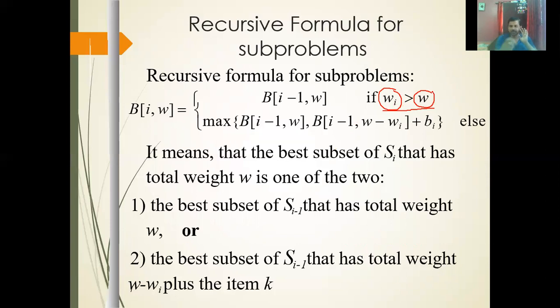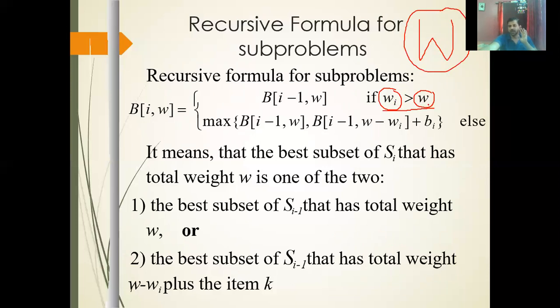The size of the knapsack, we are calling by a capital W. This is the size of the knapsack, and a small part of it I am calling by the smaller variable w here. If the weight of the item we have considered is greater than the size of the knapsack at the current moment, w, which can vary from 0 to capital W.